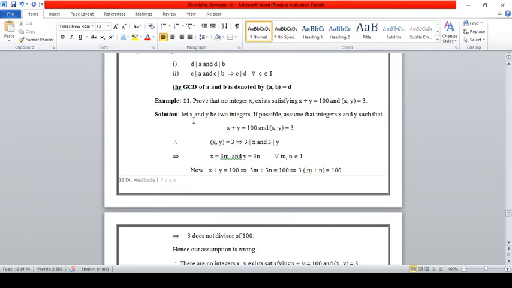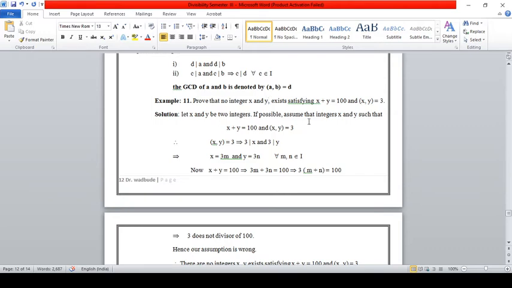Next example: prove that no integers x and y exist satisfying x plus y is equal to 100 and GCD of x and y is equal to 3. This means there are no integers x and y of this type with x plus y equal to 100 and GCD 3. Solution: let x and y be two integers.